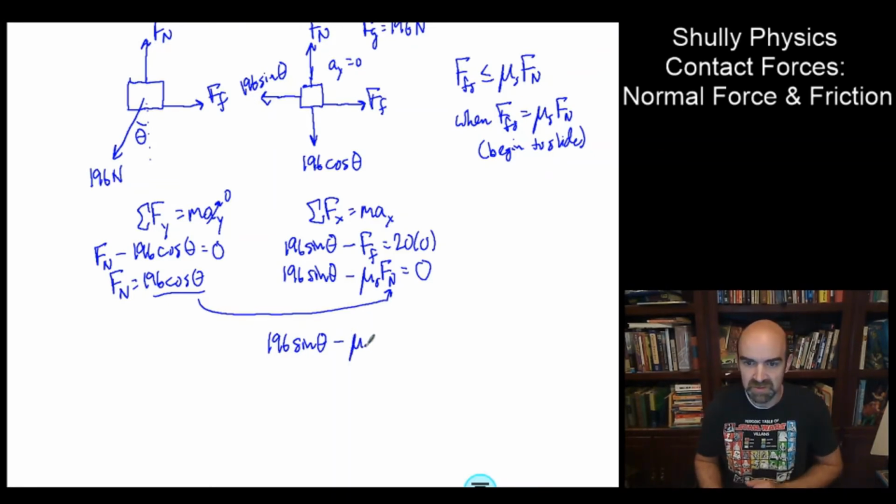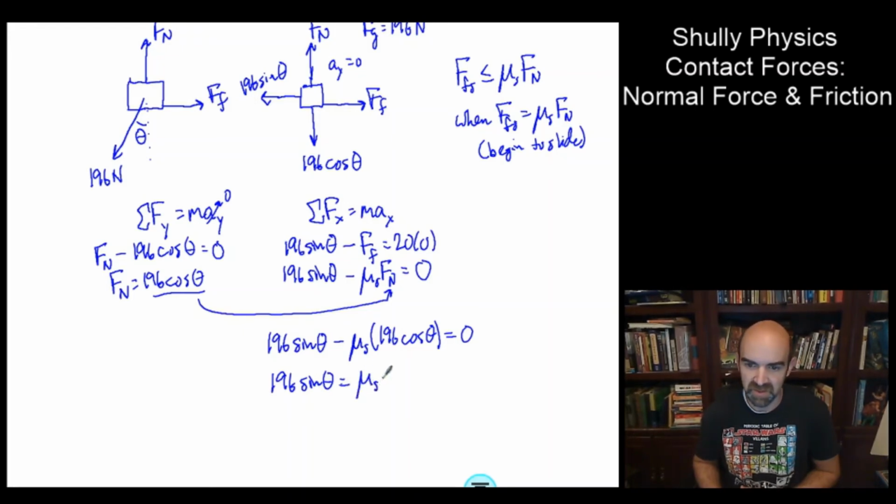Mu s times 196 cosine theta equals 0. Okay. If we're going to solve for theta, we've got to combine these somehow. Let's try adding mu s times 196 cosine theta to the other side. We add it to both sides, it cancels on the left and gets added to the right.